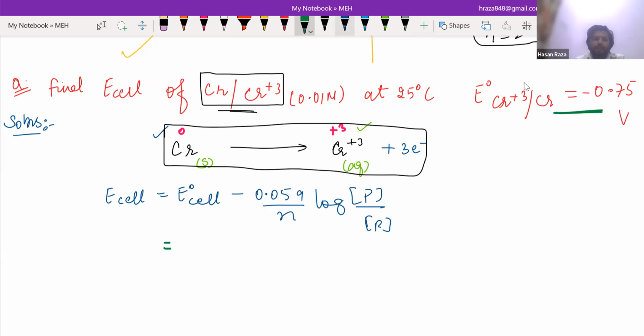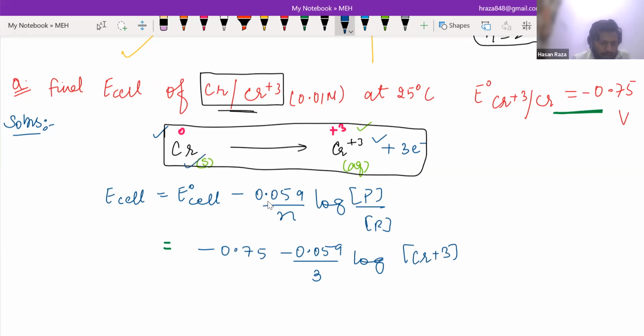So, no need to worry about applying the formula, right? Whatever is written here, 0.75 minus 0.059. The value of n, you just told me it is 3, and then log of product. Product is this, so you put Cr plus 3, and Cr plus. Reactant is in solid state, so you can neglect it, right?